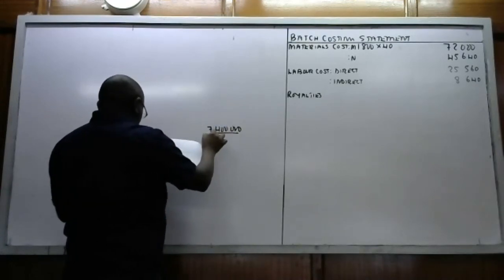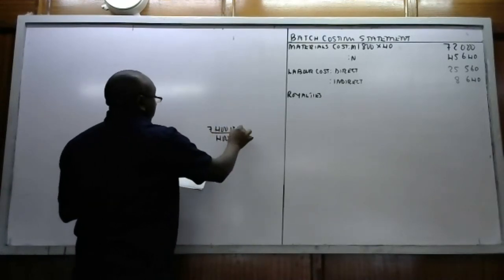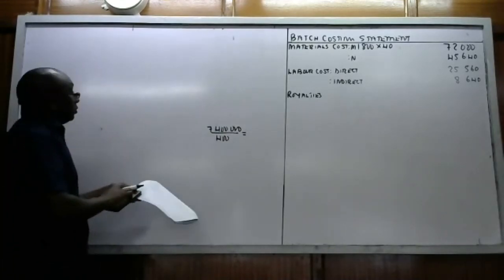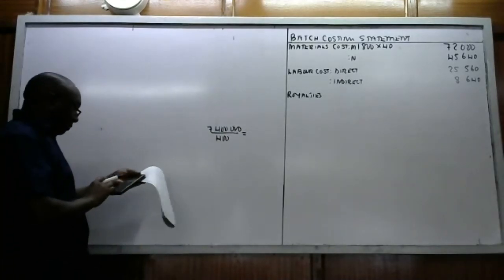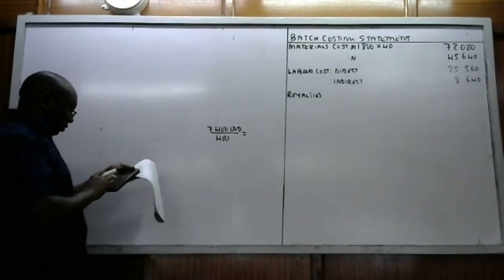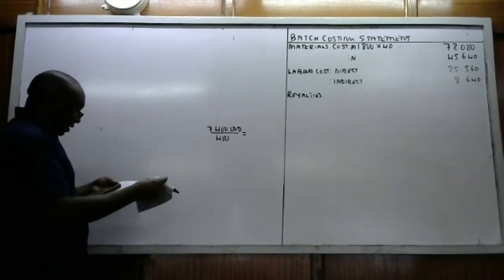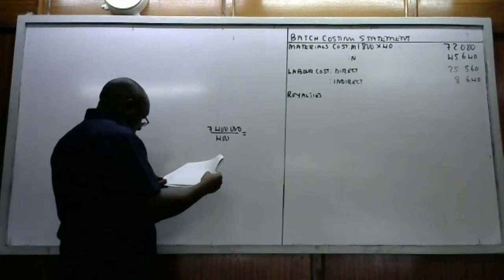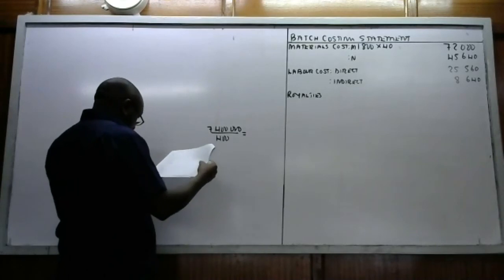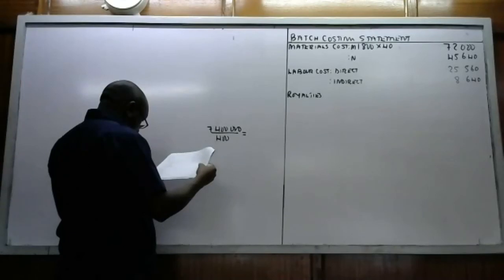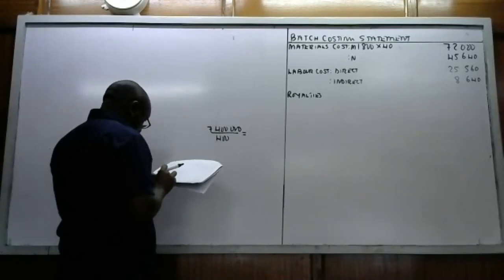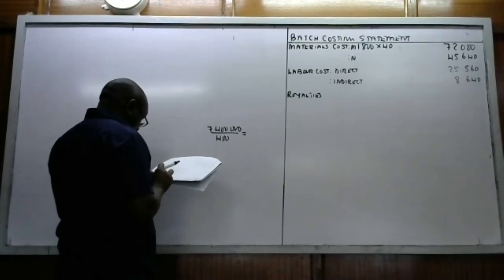You divide by 400. Let's get those sales quickly. That is production.